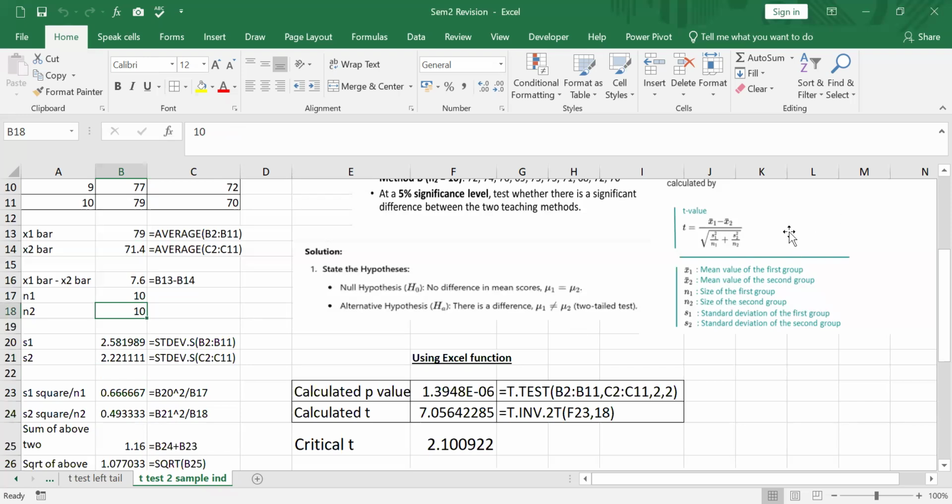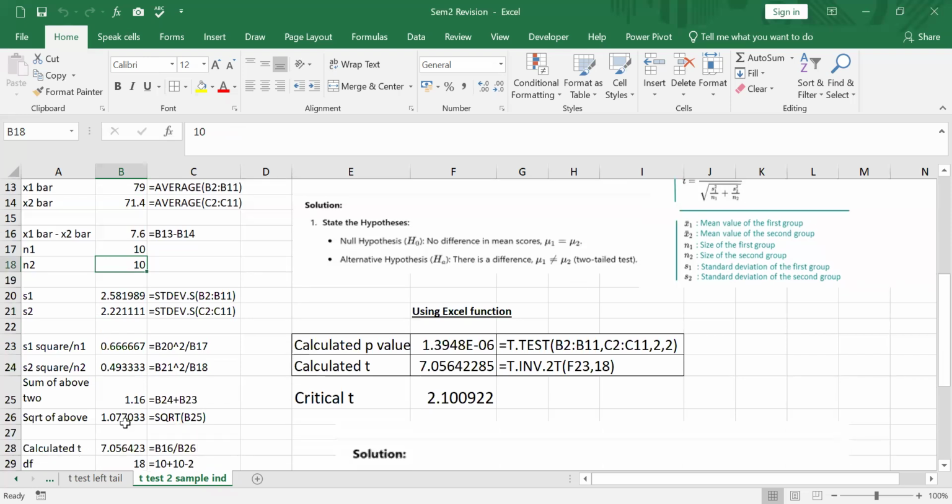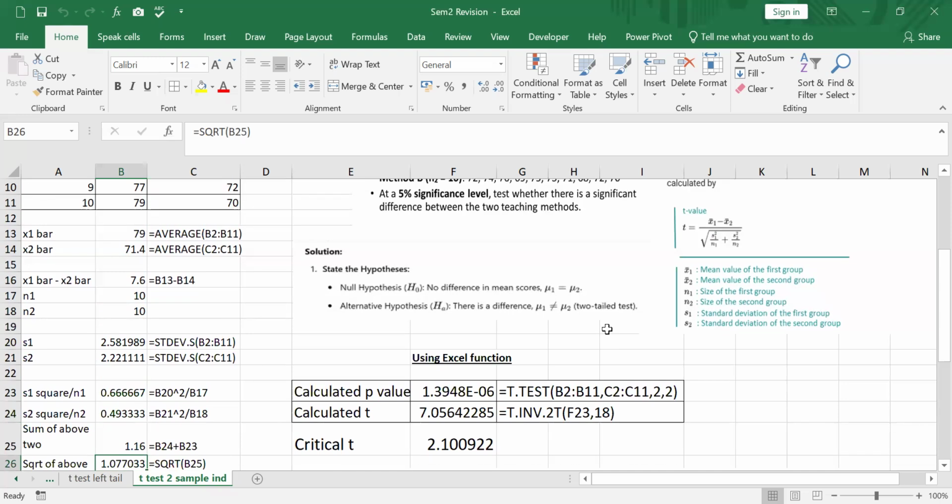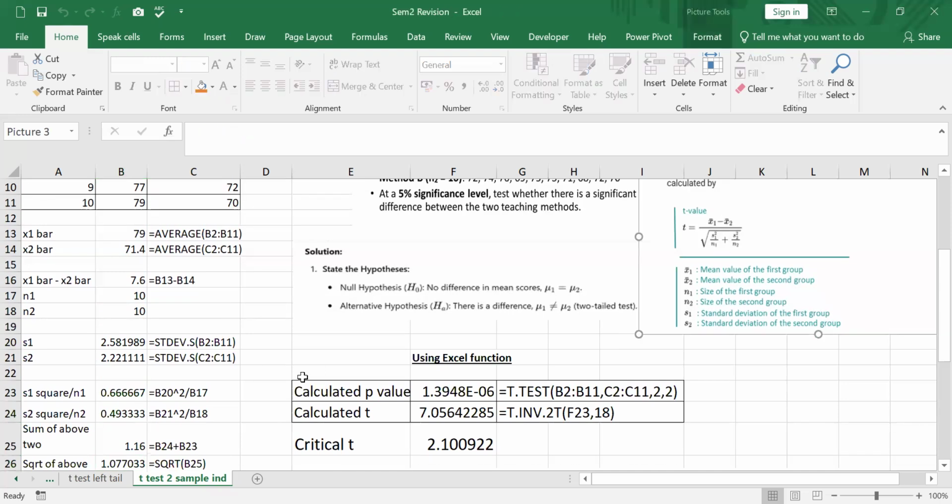Now add up these two inside the square root. The sum of the two is given here. Then you have to take the square root of that. Square root of 1.06 comes to 1.077. Calculated t is nothing but numerator by denominator.